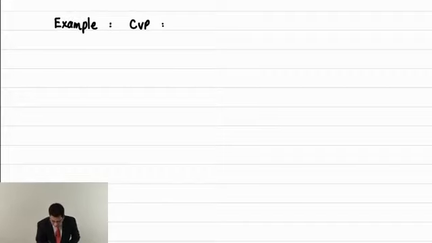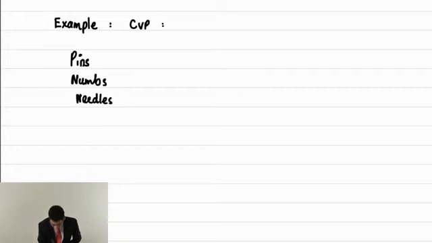Now there are 3 products: pens, numbs and needles. And here I'm answering requirement A, which is the budgeted profit.